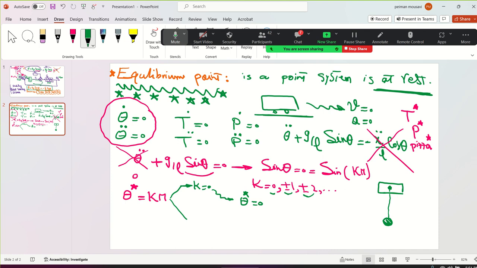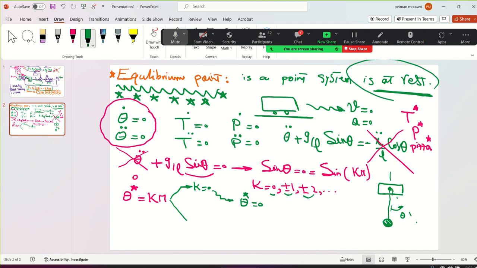So if I leave it here, it's going to remain there. Here is theta, and the equilibrium point is 0. If I leave it here without an external force, it's going to be there forever, right? So the system is going to be at rest. So this is a valid equilibrium point.